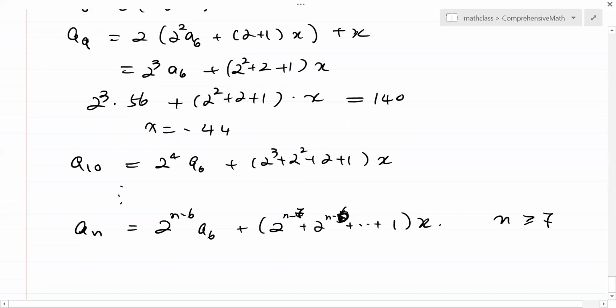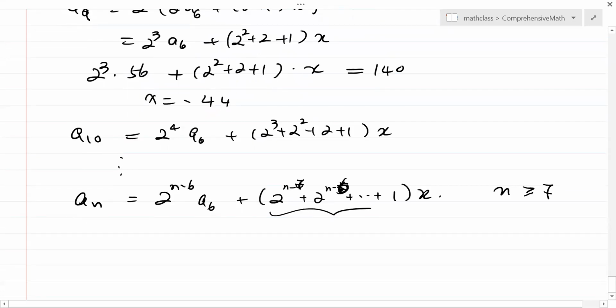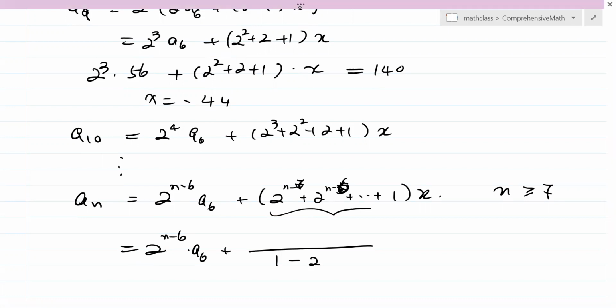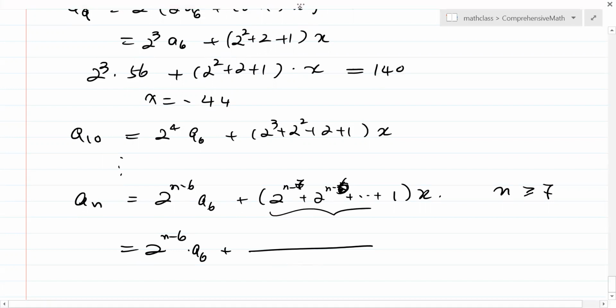So we get the general formula, but you have to add them together. Remember the geometric formula for this, right? So this is going to be 2 to the n minus 6 times A6 plus x times 1 minus 2 to the n minus 6 over 1 minus 2. Or you can write the 2 first, that's fine. Let's reverse the order because 2 is larger than 1.